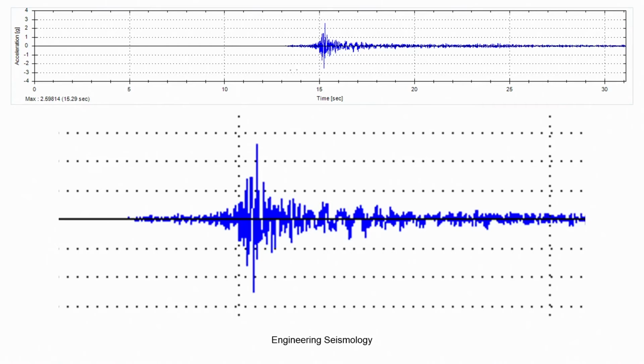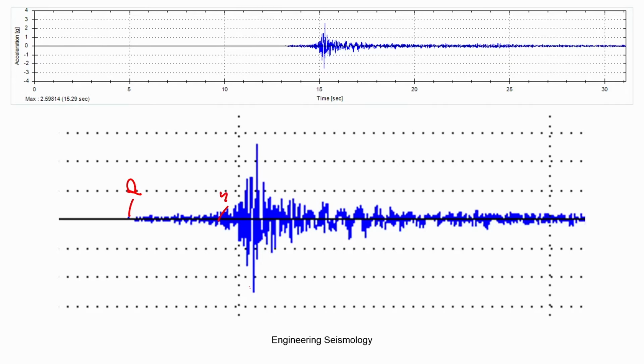As we have shown, this is typically one component of the acceleration time record. You can also see that this is actually an extracted portion of the entire record, which is dominated at this place. Predominantly this is the P wave, and somewhere here the S wave will be there.